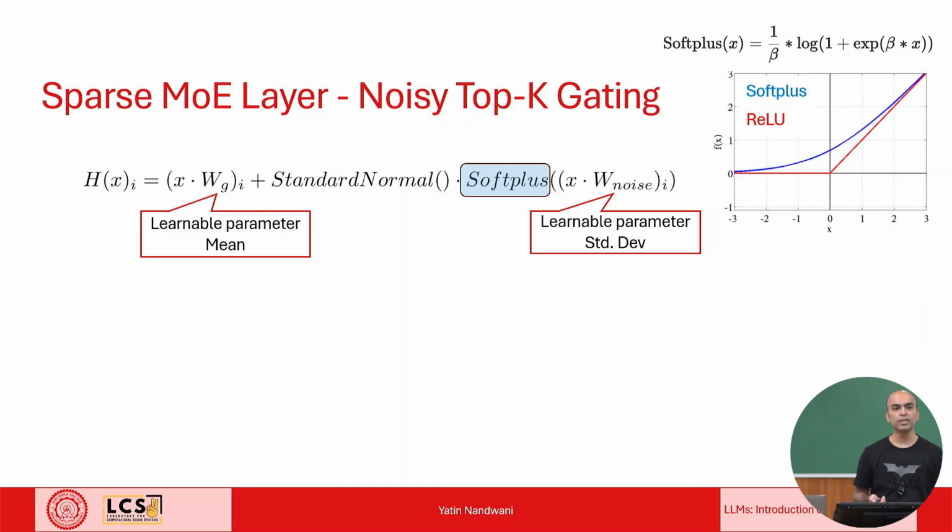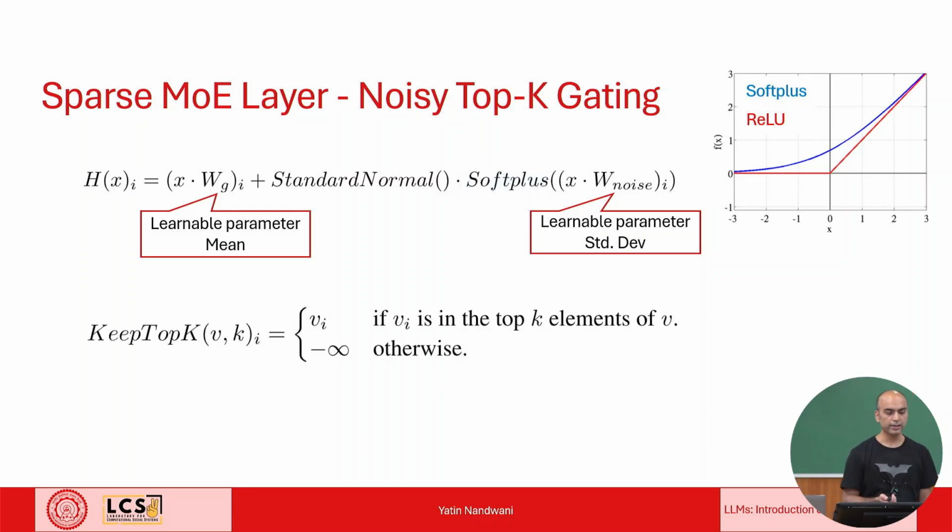And now the question is, why do we add this noise? Well, we will not go into the details here, but they claim that this improves the learnability and makes the learning of the mixture of experts more stable. Maybe we can cover this in tomorrow's lecture, but for now we will hold it here.